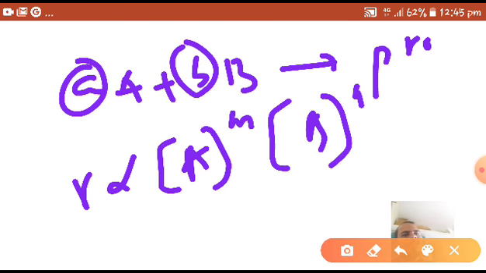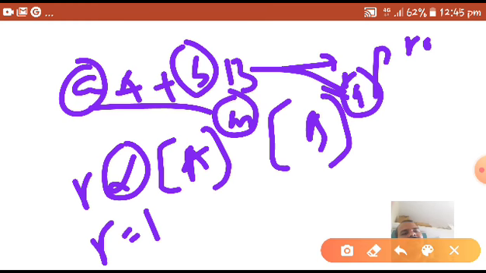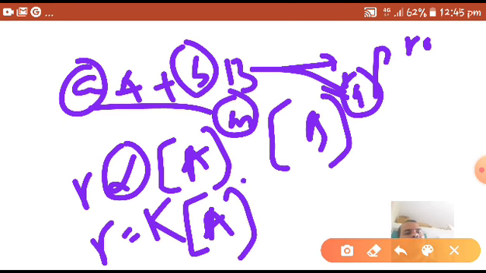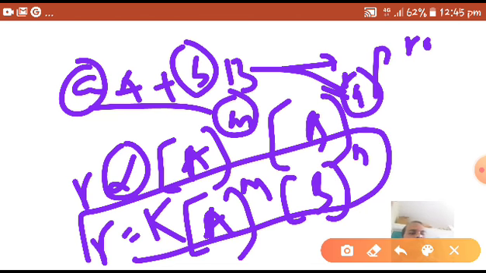Here, a may or may not be equal to m, and b may or may not be equal to n. m and n are to be experimentally determined. So here we get a constant that is called the rate constant. [A]^m and [B]^n, this is the rate law, where k is the rate constant.